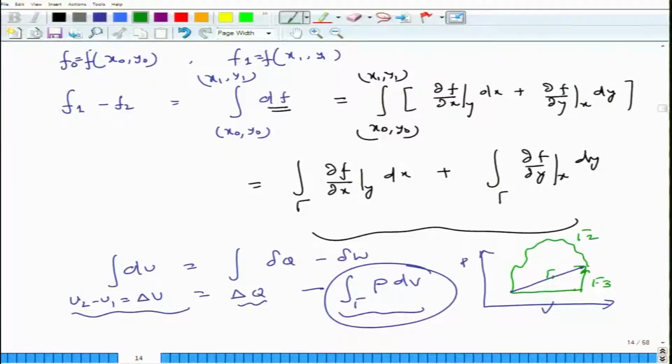Naturally, the work is the area under the curve, so the value depends on which particular path you consider. For gamma 2 the work is more, for gamma 1 the work is less, and for gamma 3 the work is further less. On the other hand, delta q will also have to vary in order to maintain the same u2 minus u1. So, this is just a simple example to understand these functions.